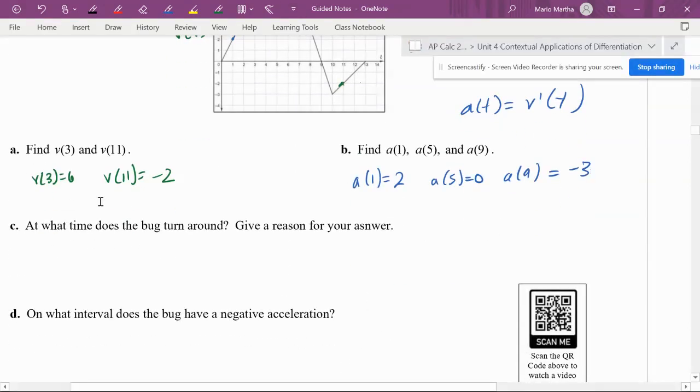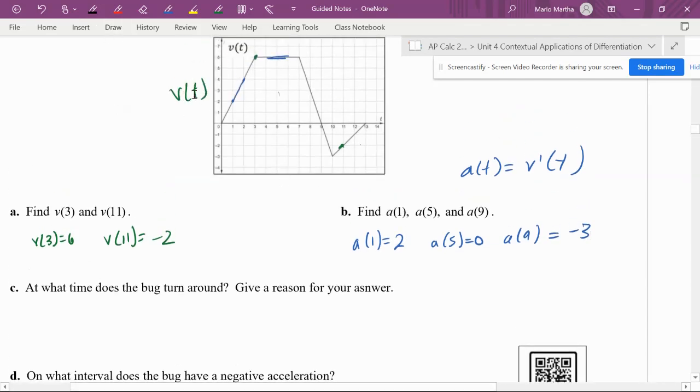So in part C, at what time does the bug turn around? Give a reason for your answer. So here we want to make sure that we're looking to see when the bug changes direction. So when is the velocity changing from positive to negative? That's what matters here. Remember, this is the graph of v of t. So anything above the x-axis is positive, anything below the x-axis is negative.